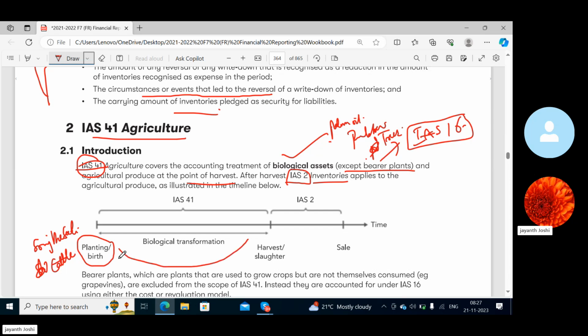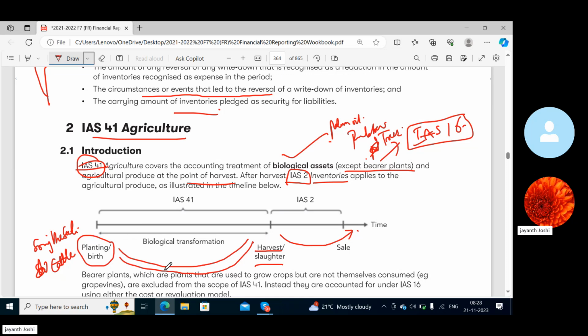Or this cattle will grow in size and shape, and then one day this particular plant or tree will bear some fruits and you'll harvest, or the slaughtering of that particular cattle or animal will happen, and then it will be sold to the general public, and here the revenue will be generated.